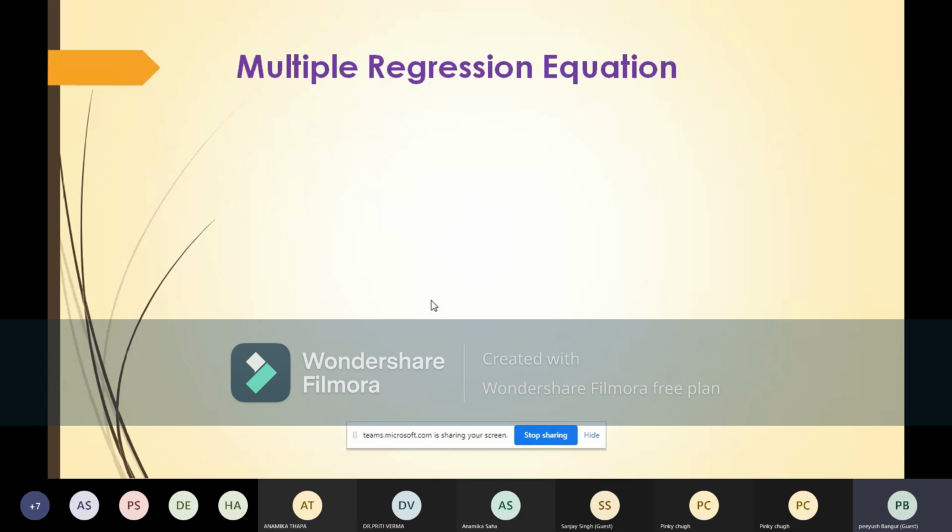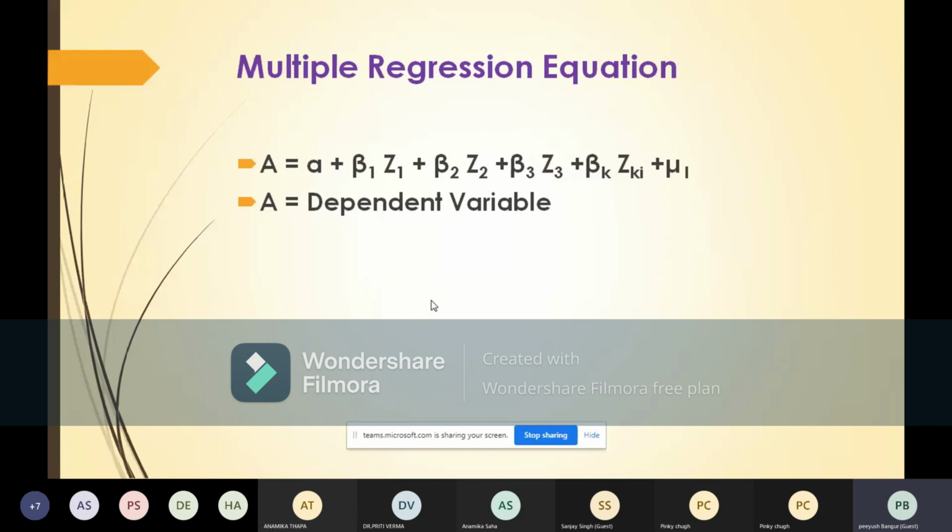Now, the multiple regression equation. See friends, what exactly happened here? The error term and alpha remain the same. Your dependent variable will remain the same, but the independent variable and the slope of each independent variable have been expanded. Again, A is your dependent variable.